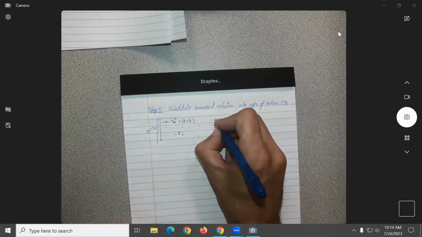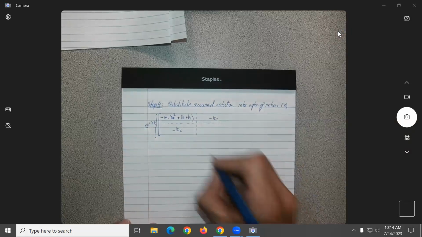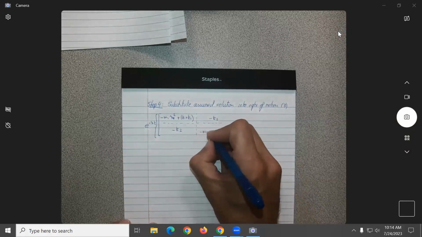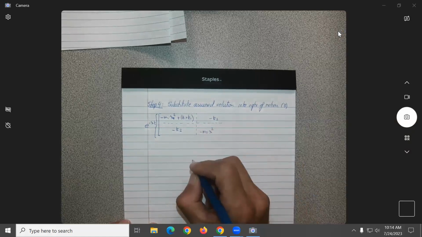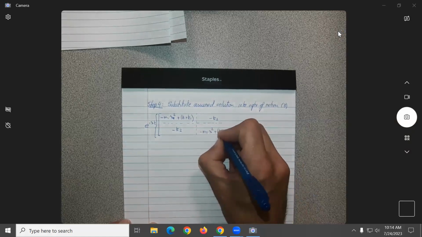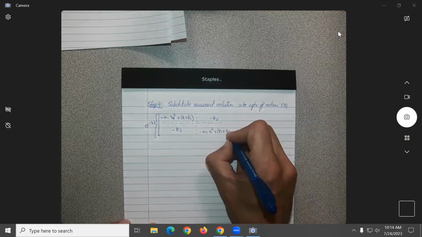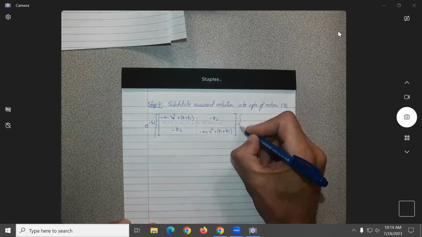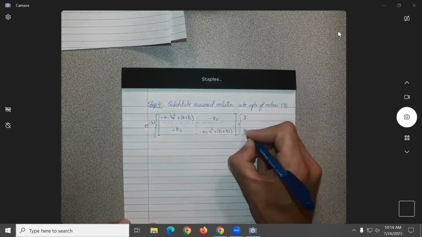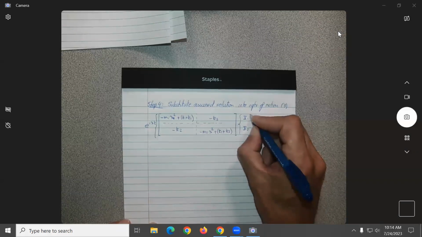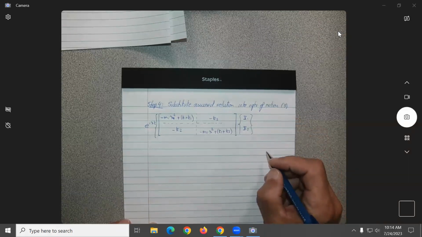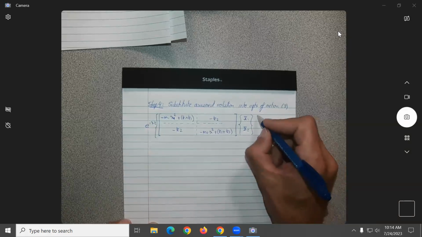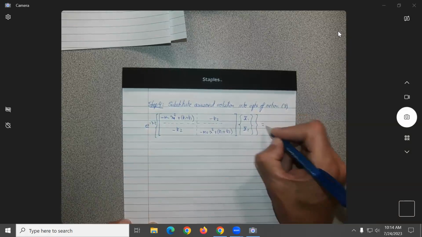Here we're going to get minus K2, and here we're going to get minus M2 lambda square plus K2 plus K3. I'm going to close the matrix, times the capital X1, capital X2. Close the big bracket.